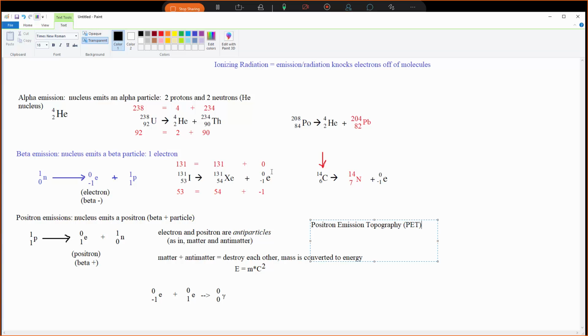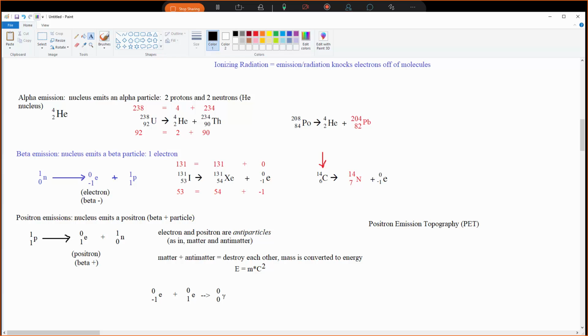Or the PET scan is an imaging scan that uses a positron emitter and administers the positron emitter, and then it scans for the gamma rays that are produced in the place that you're looking for, whatever it is that you're looking for. Okay, but this is an imaging that uses this form of nuclear radiation. So isn't that cool?